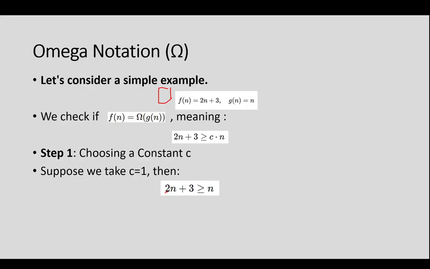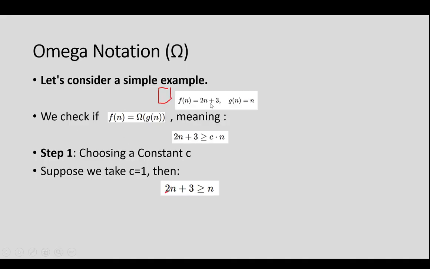There is one simple example similar to the one we have seen for big O notation. Similarly, we have the equation for big omega.